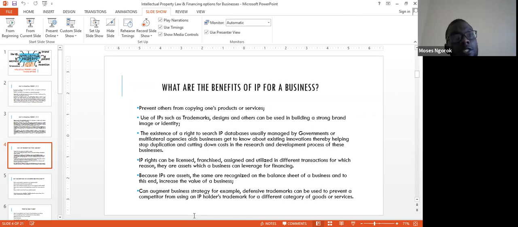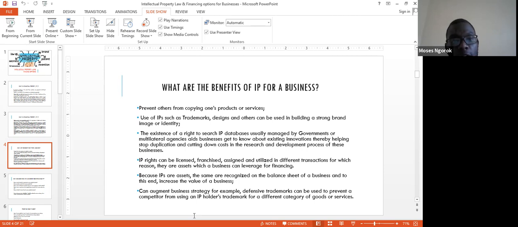If you want to validate or have a proof of concept, you can quickly check the databases to see whether your idea has already been implemented. So it's a good way to do market research by running through those databases, and it gives you a clue of how you're doing, or it can help you with your research and development of your product or service. So that's a good thing.